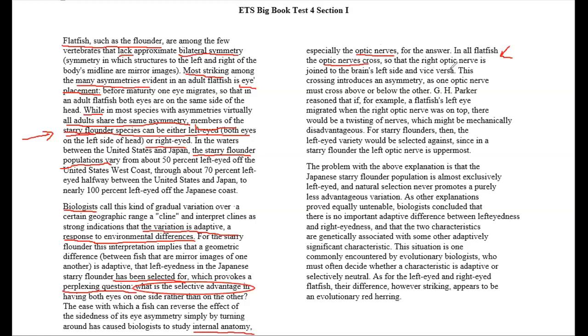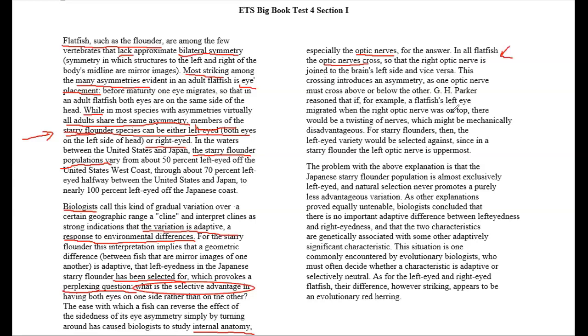So this is what the biologists have found out about the internal anatomy of the flatfishes. This crossing introduces an asymmetry. Then some biologist's name has been mentioned here, who reasoned that, for example, a flatfish's left eye migrated when the right optic nerve.